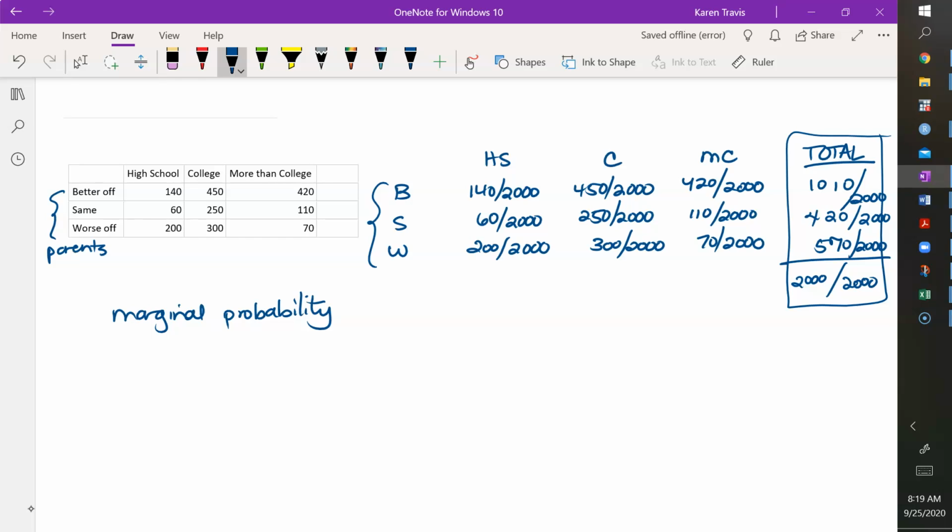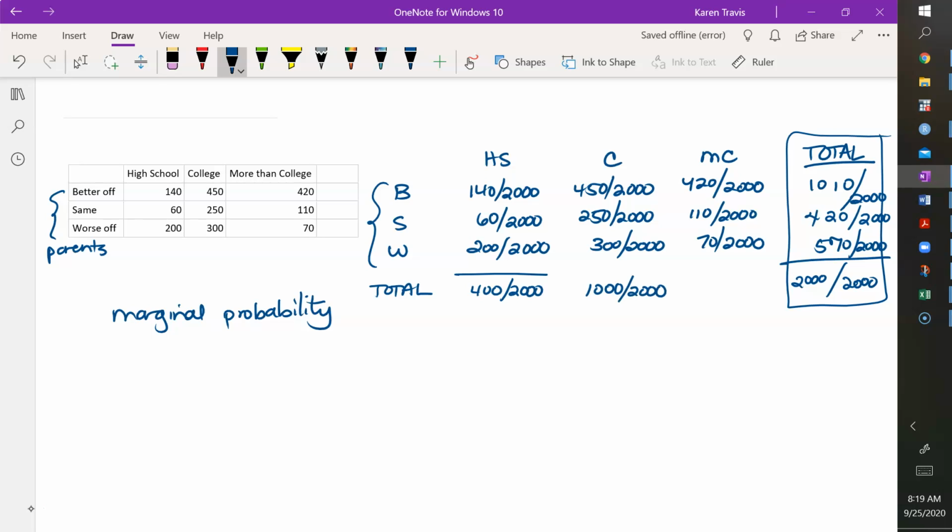Similarly, the probabilities for high school, college, and more than college come from the columns. So this total is 400 out of 2,000. This total is 1,000 out of 2,000.